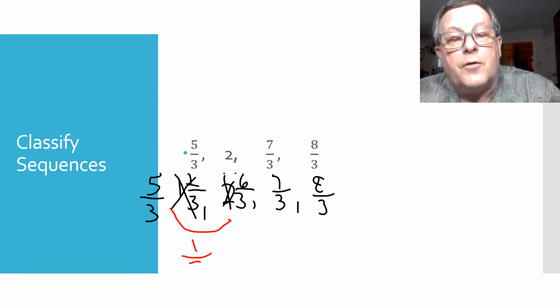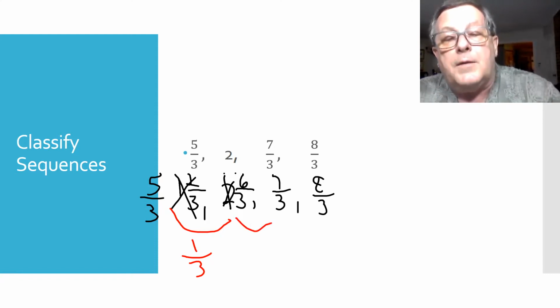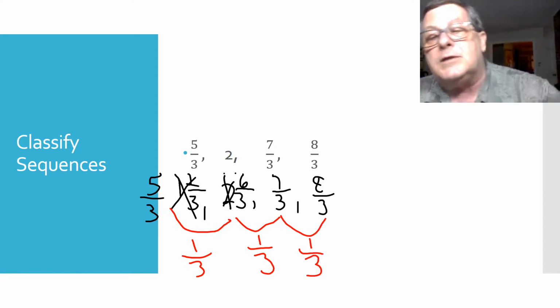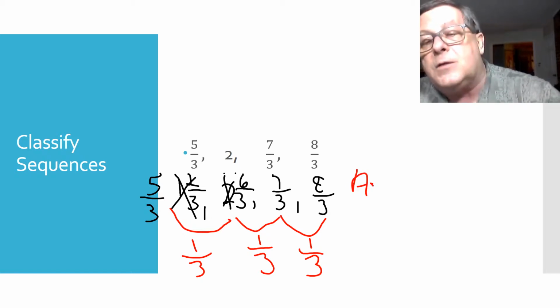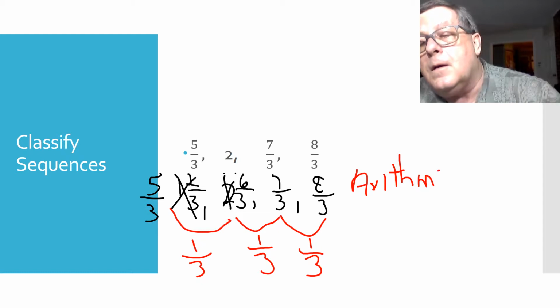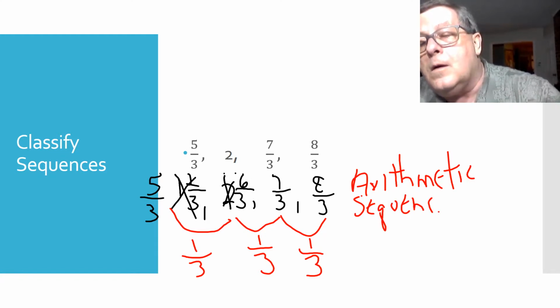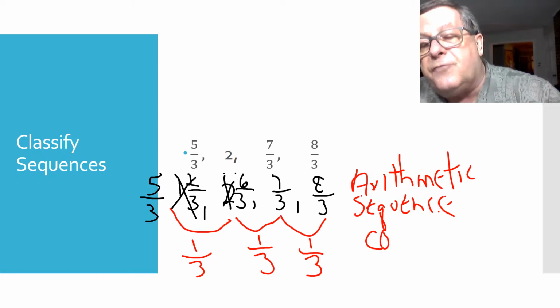here is 1/3, and my common difference between 6/3 and 7/3 is 1/3, and my common difference between 7/3 and 8/3 is also 1/3. And so I have an arithmetic sequence with a common difference.